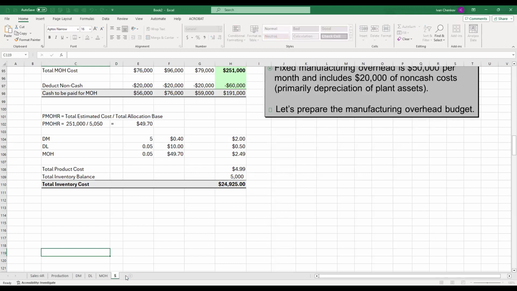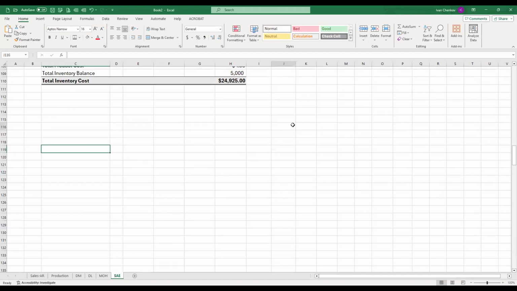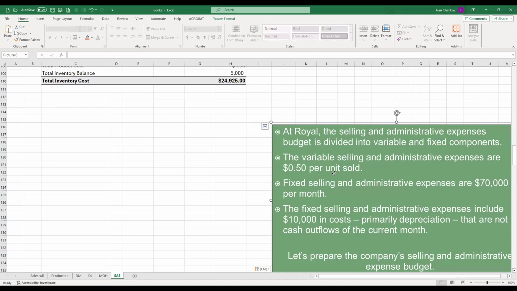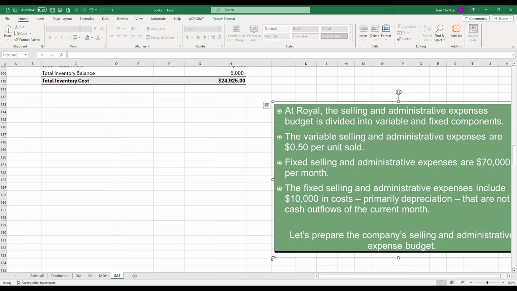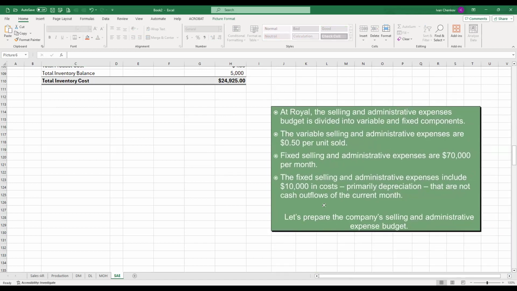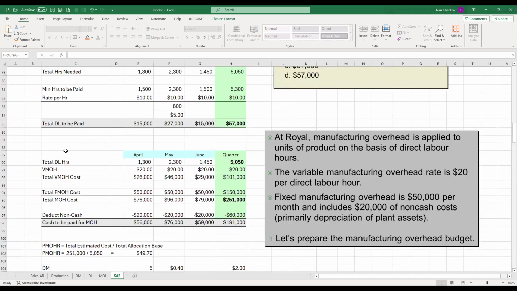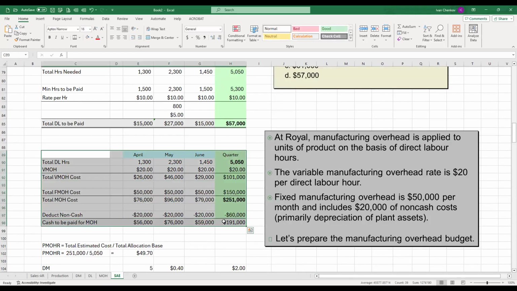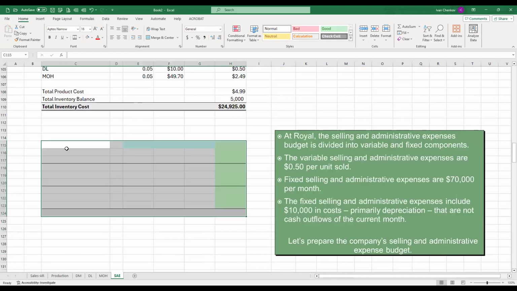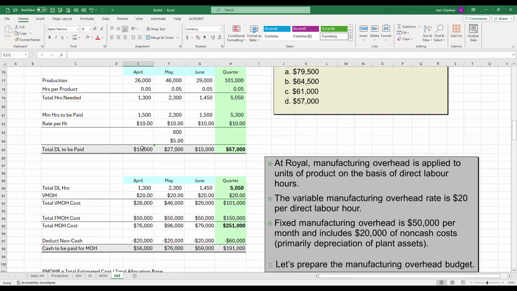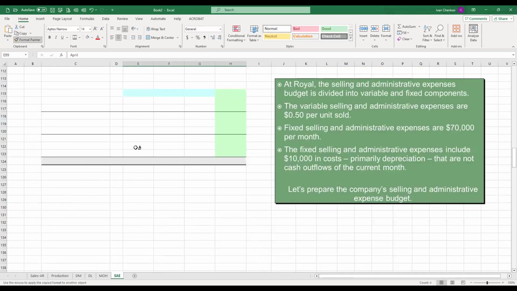That will be selling and administrative expenses. I'm going to paste it here as a picture again. Since it's very similar to my manufacturing overhead, I'm probably going to use this format and adjust it to the information I need. The only thing I'm going to copy is the name of the month.